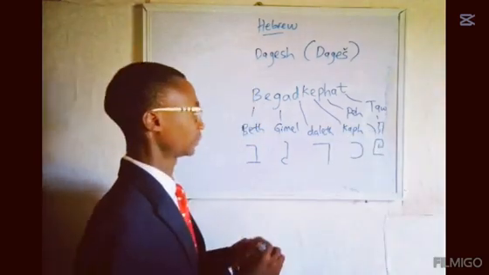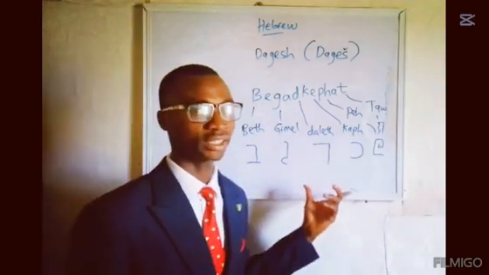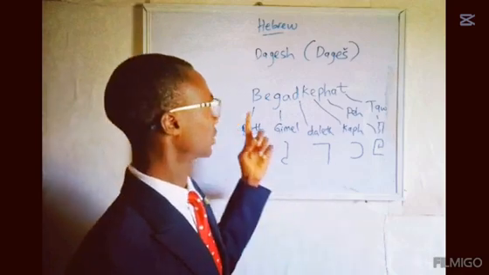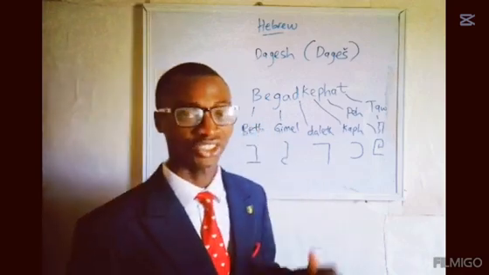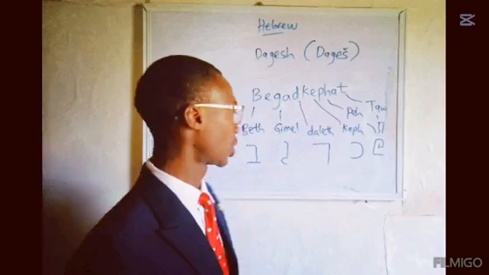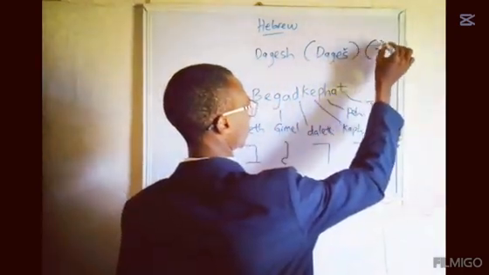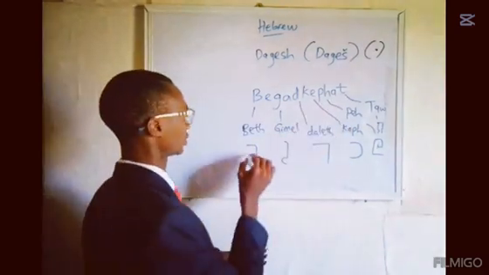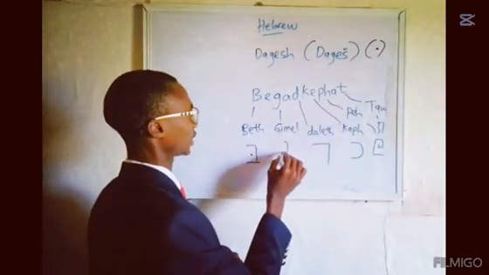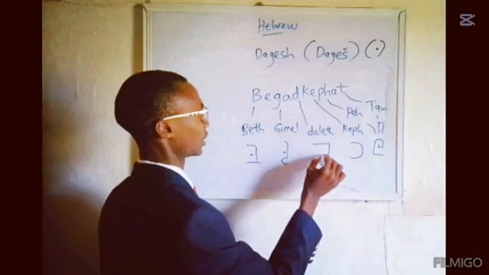Okay, so these are letters that have the Dagesh at the bosom. Now, this is the Dagesh, just like a dot. It's a dot that is placed at the bosom of these letters majorly.